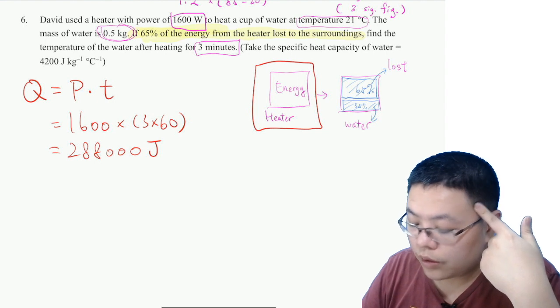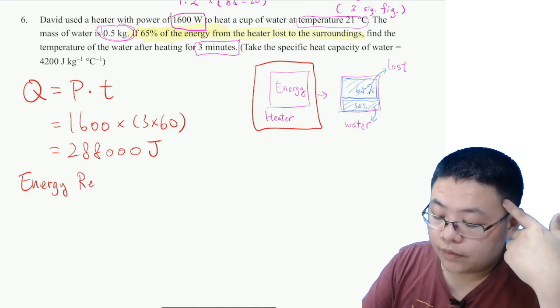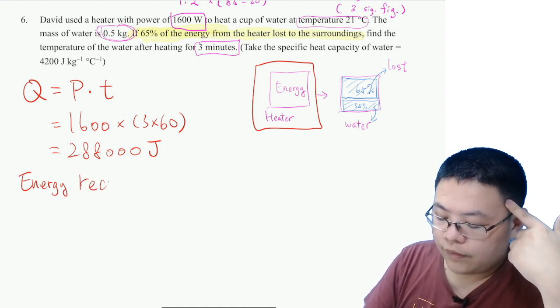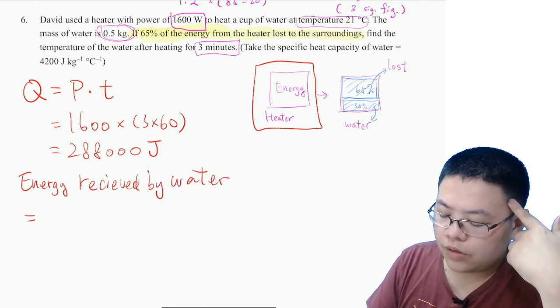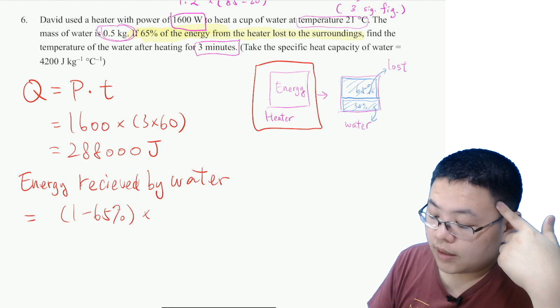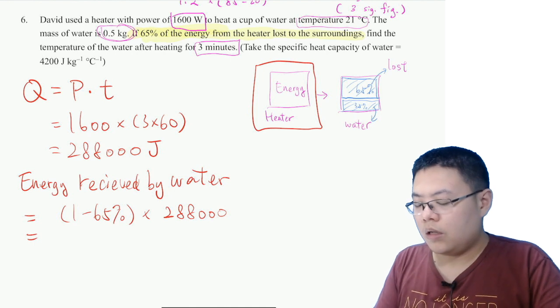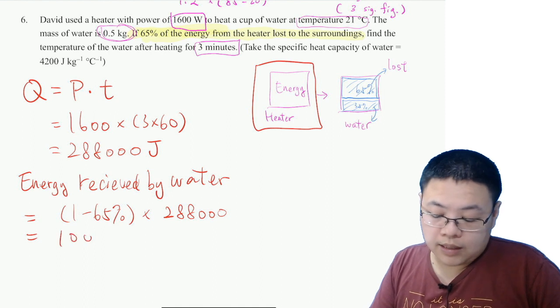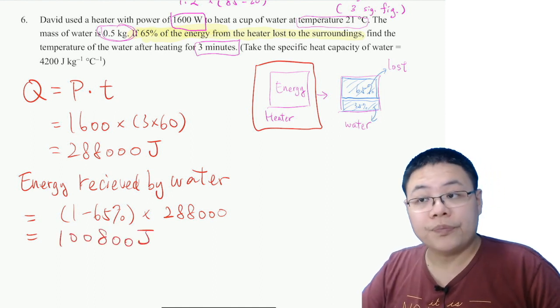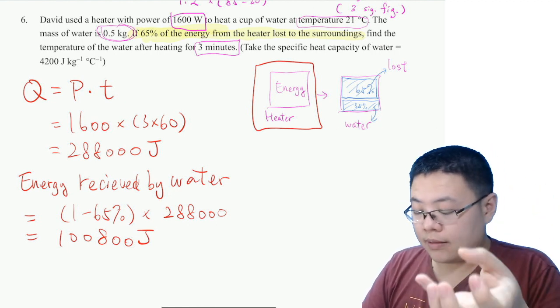However, the water did not receive all of them. Energy received by water is less, equals (1 minus 65%) times 288000, which is 0.35 times 288000, equals 100800 joule. Okay, that is how much energy the water truly gets.